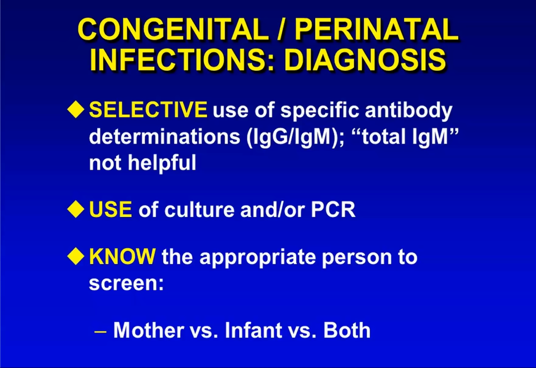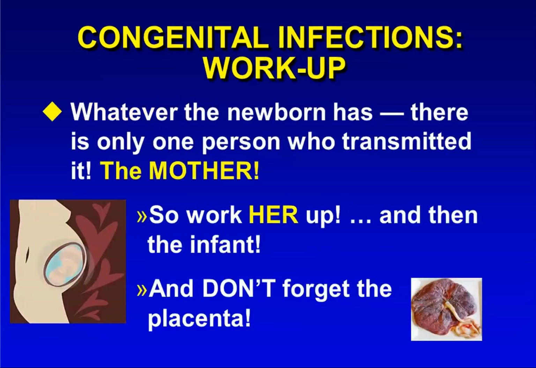And then I think very importantly, we need to know the appropriate person to screen, because do we do the mother, do we do the infant, or do we do both? I think that's an important concept, because whatever this fetus, this newborn has, if he has a congenital infection, we have to recognize that there's only one person who transmitted this infection, and that's the mother.